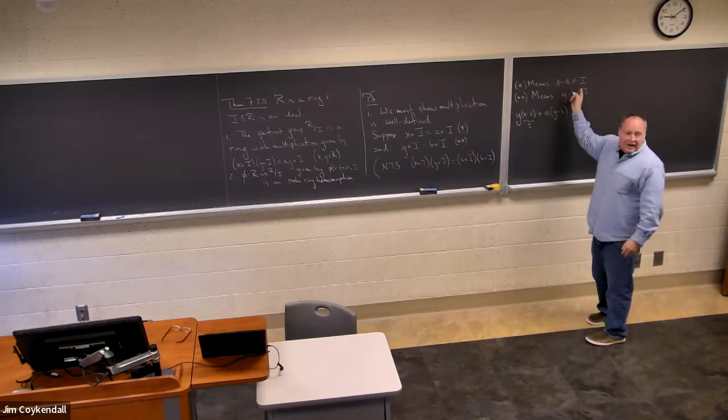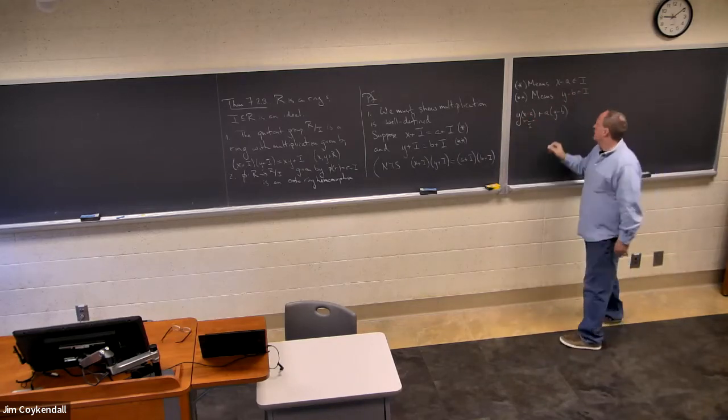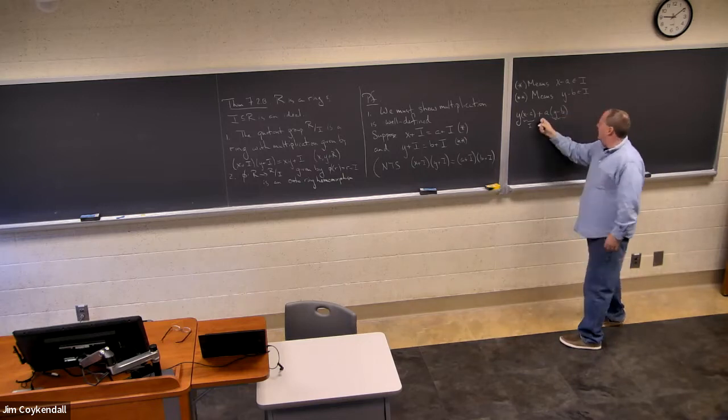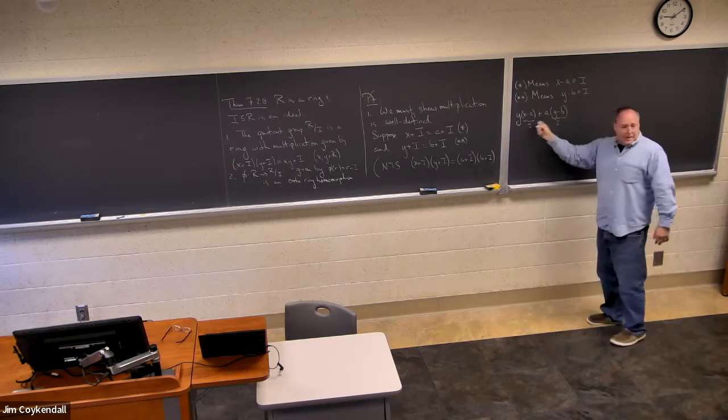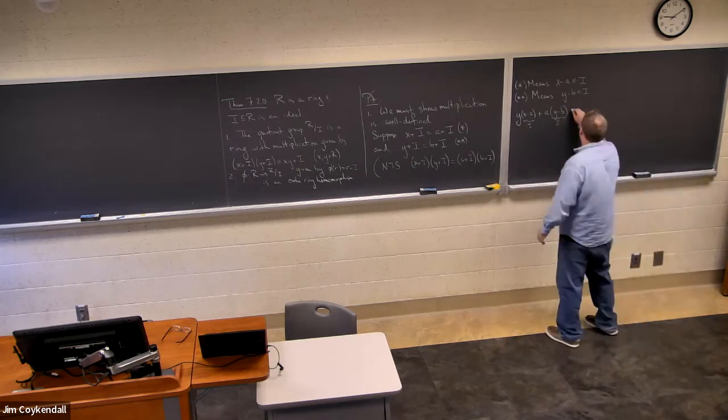X minus A is in I, so suck, this is all in I. Y minus B is in I, so suck, this is all in I as well. So everybody agree this whole thing is in I? Let's multiply down and see what happens.